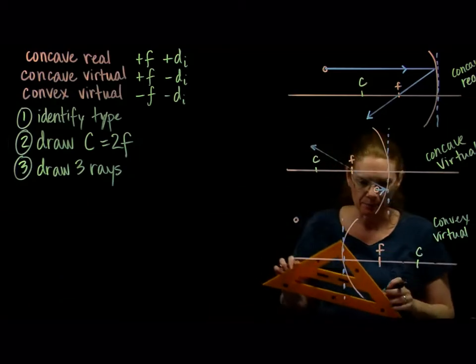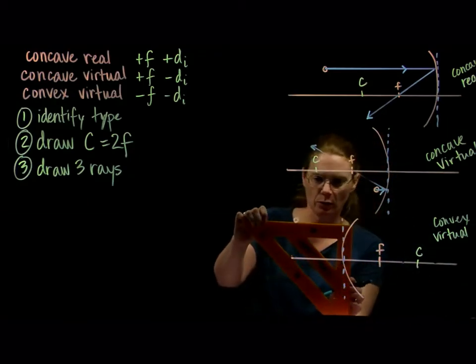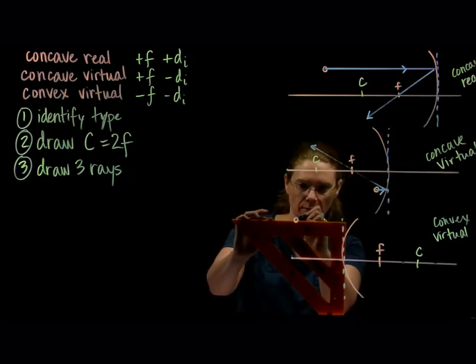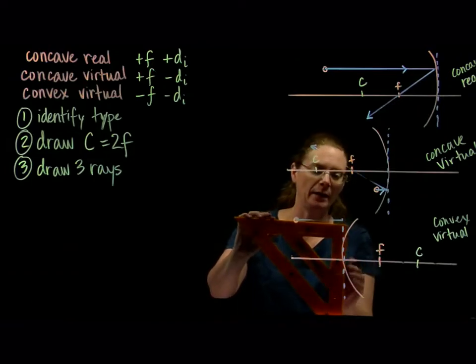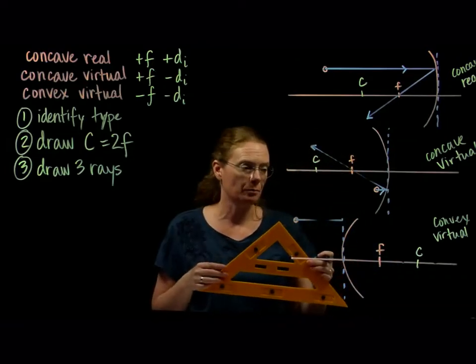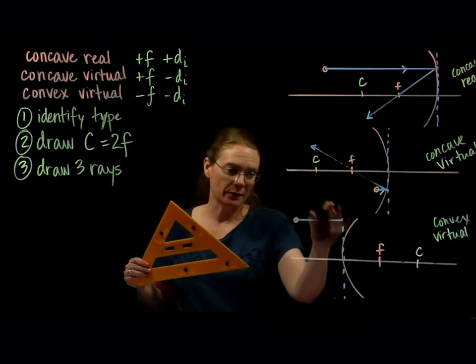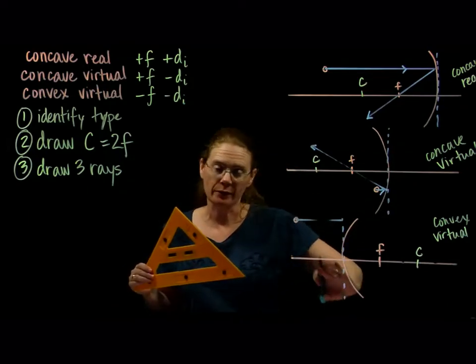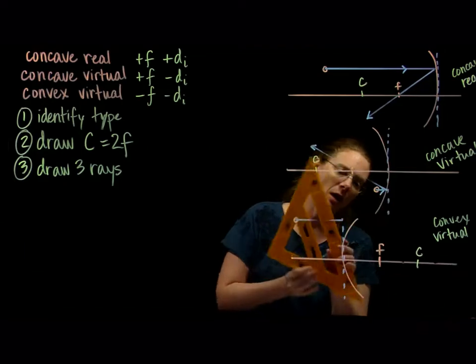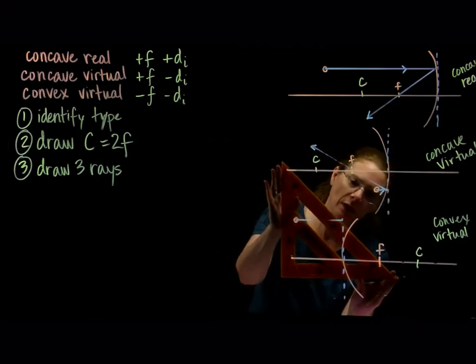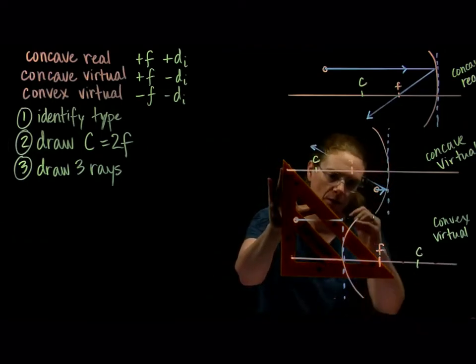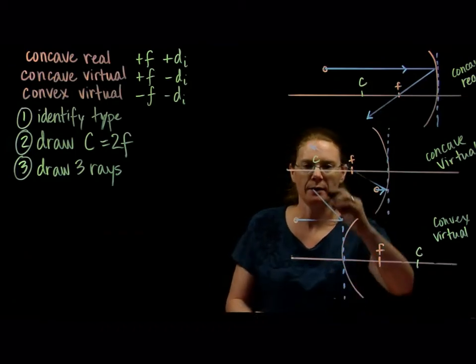Okay, that leaves like that. Our third one goes out parallel to the axis, and then it reflects off through the focal. It bounces off this reflective surface, but the way it bounces off is through that focal length. So this one looks kind of like that.